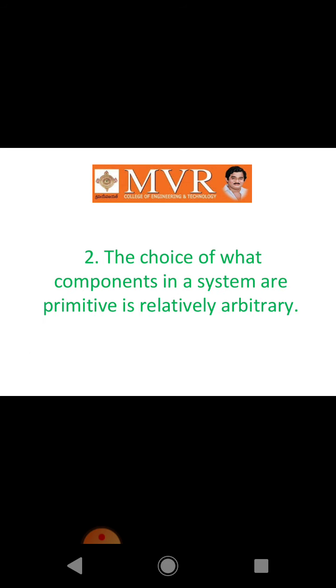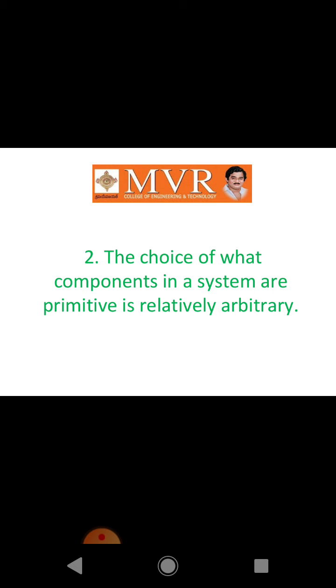And the second attribute is the choice of what components in a system are primitive. Primitive means main components. Those components are important. The total system is revolving around those components only. Yes, there may be 50 components or there may be 100 components.